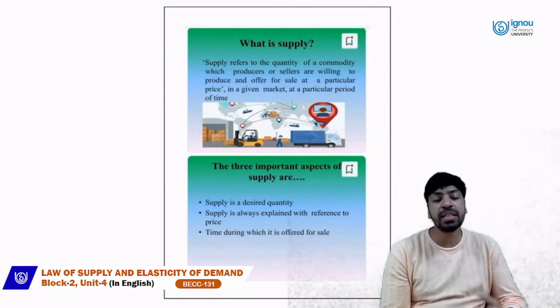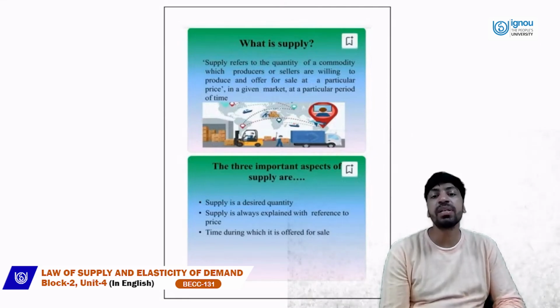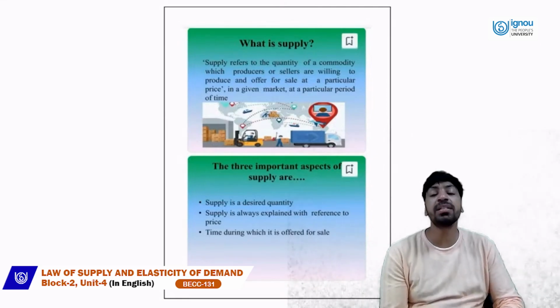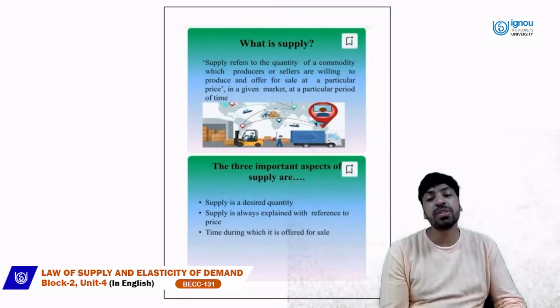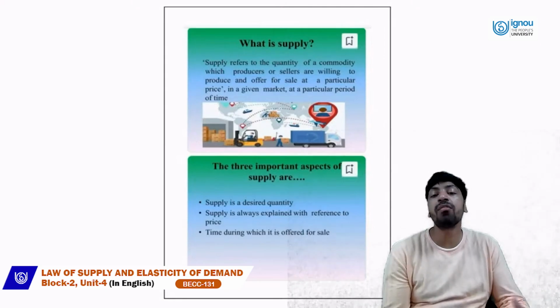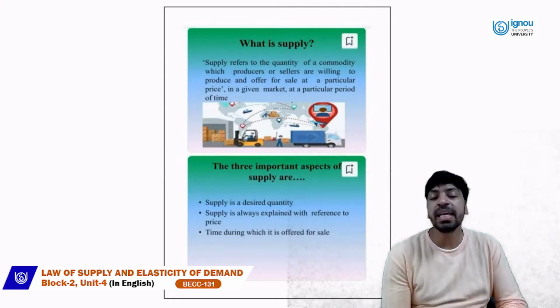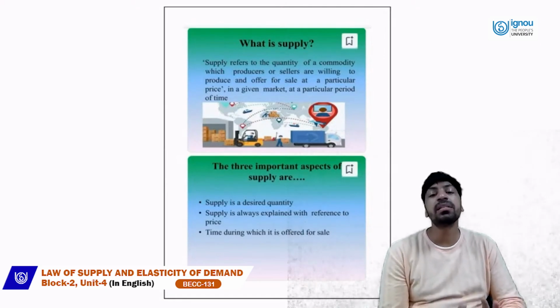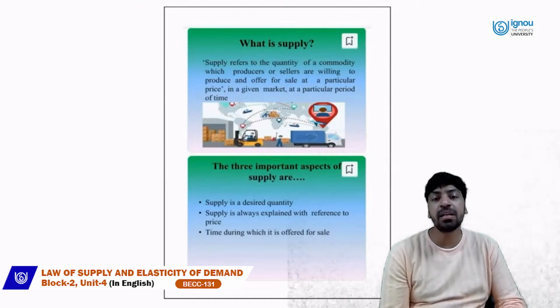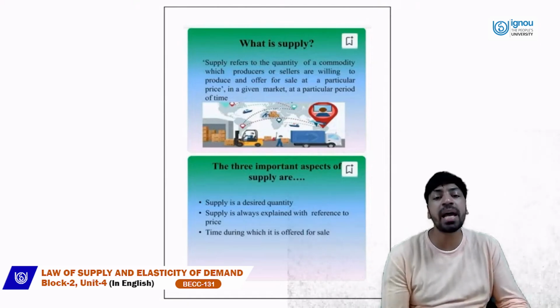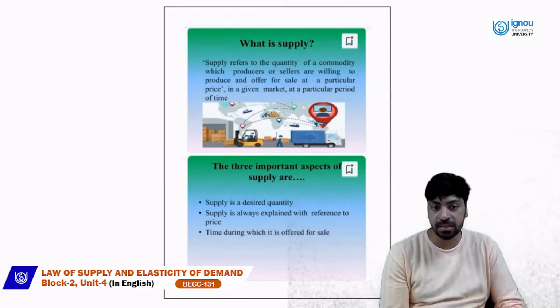The first one is that supply refers to a desired quantity which a seller, producer or wholesaler offers for sale. The second aspect is that supply is always described in reference to price.